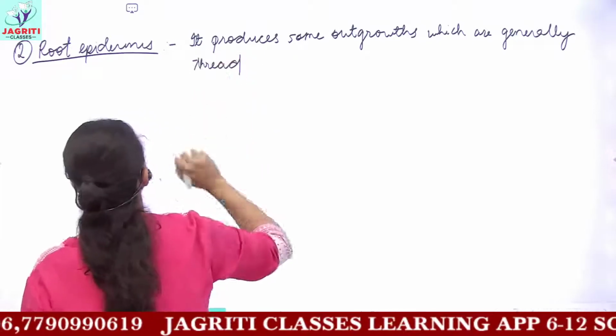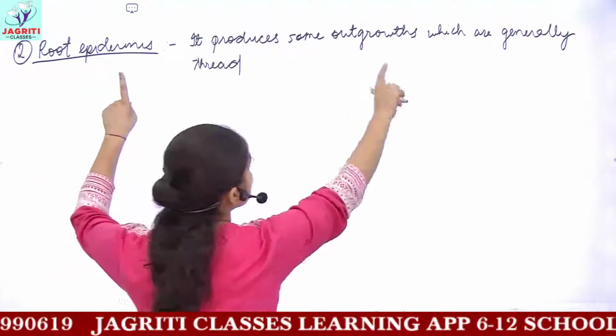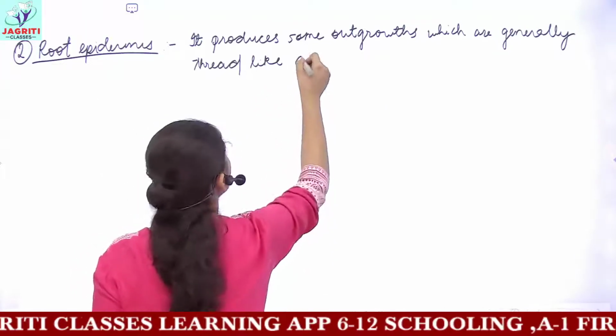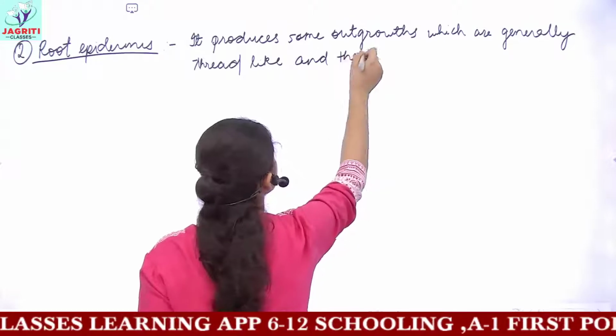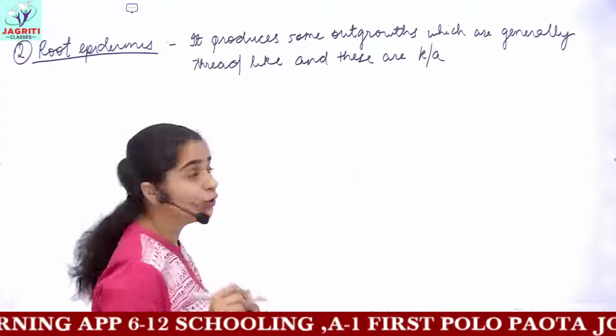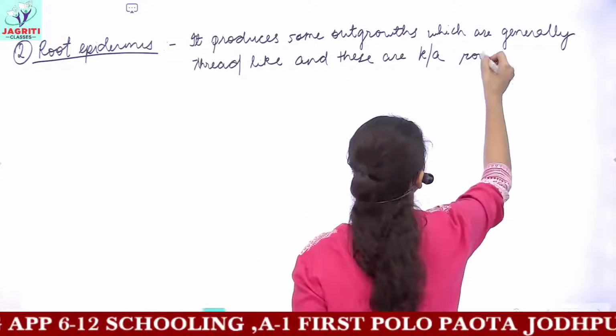So you can say that the root epidermis produces some thread-like outgrowths, and these outgrowths are known as root hairs.